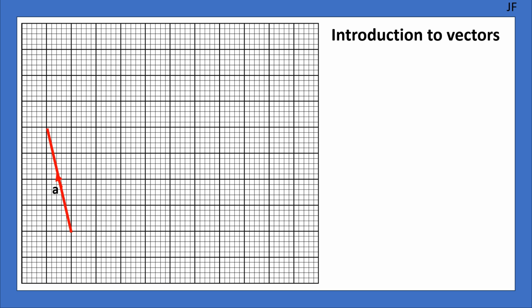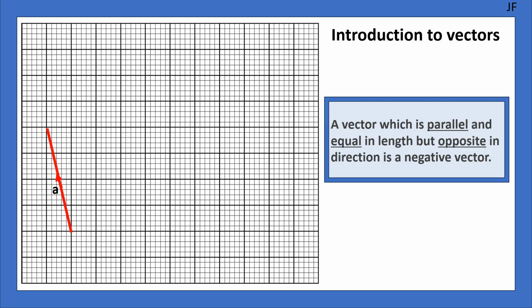Vector A. Vector negative A. A vector which is parallel, equal in length but opposite in direction is a negative vector.